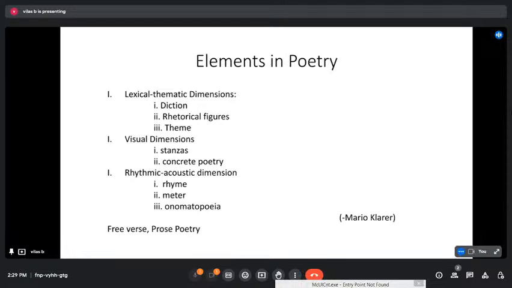Diction means it is the way and manner the words are used, or the choice of words or phrases or the language which is used or employed to express effectively the poet's views or theme or whatever message the poet wants to give. So the diction may be formal or informal.